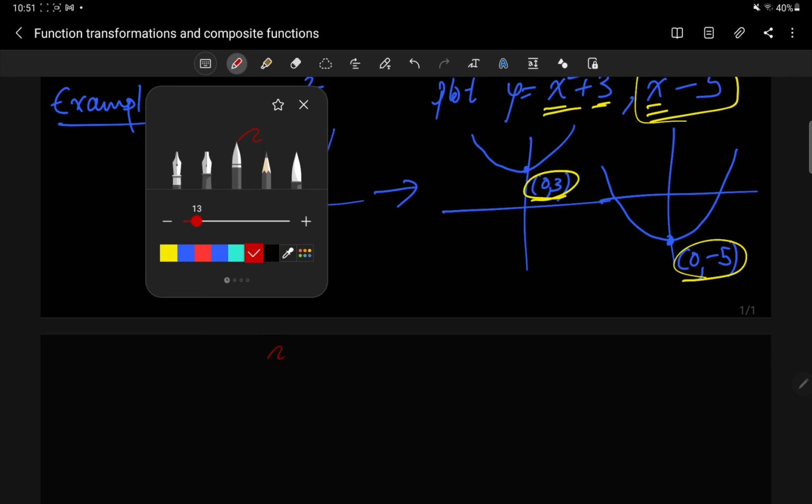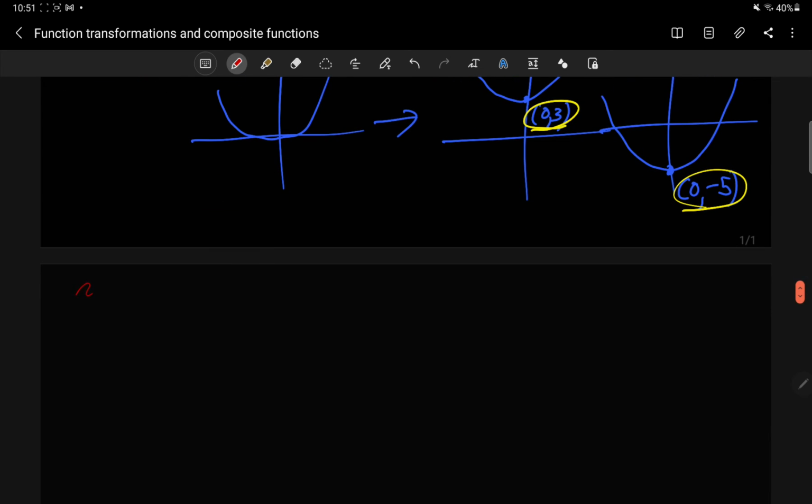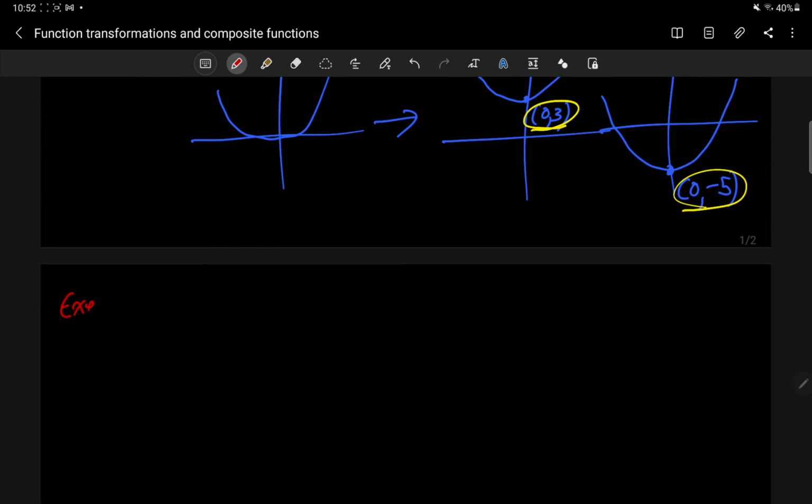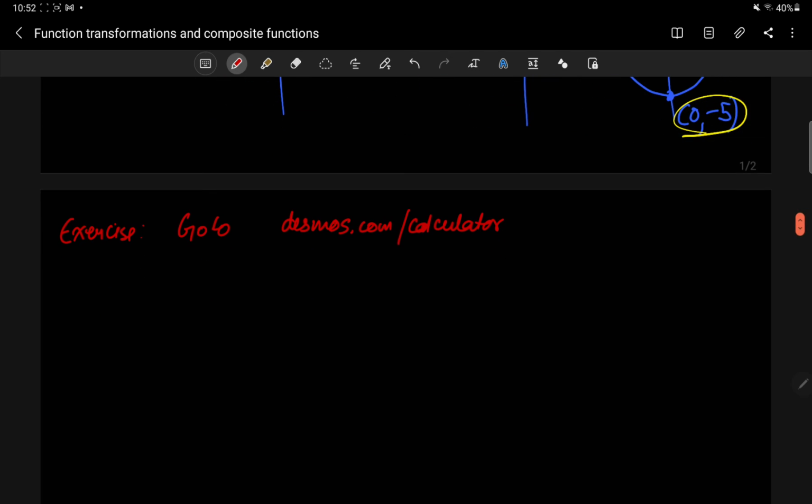Now here's an exercise that you can try. Go to desmos.com/calculator and type out y equals x squared plus a. When you do this, there will be a small option that pops up which says add slider. Click that.